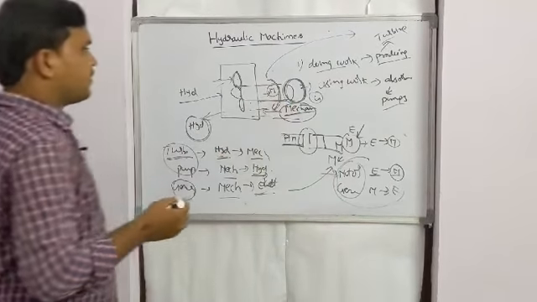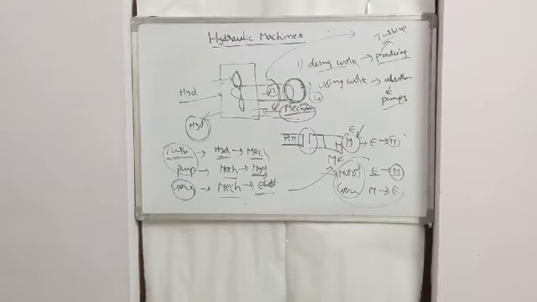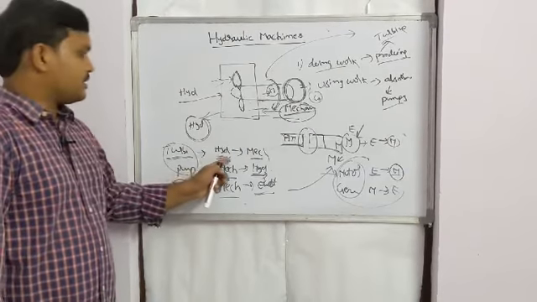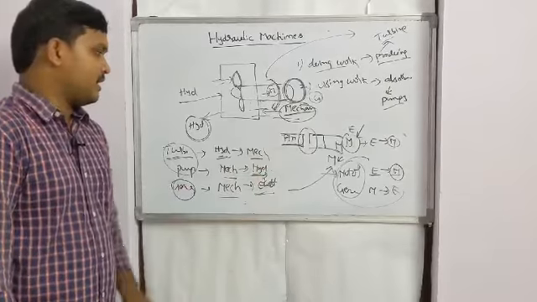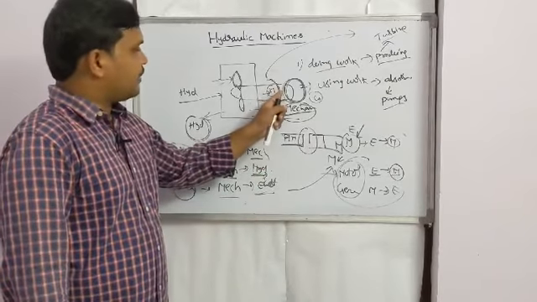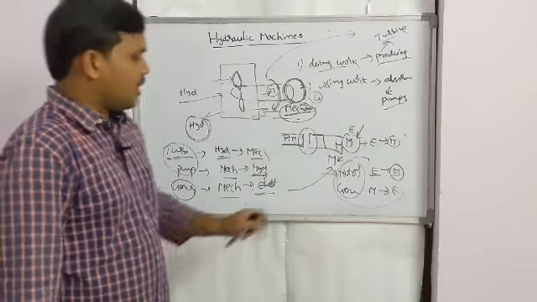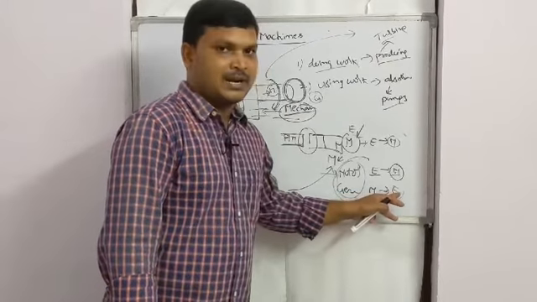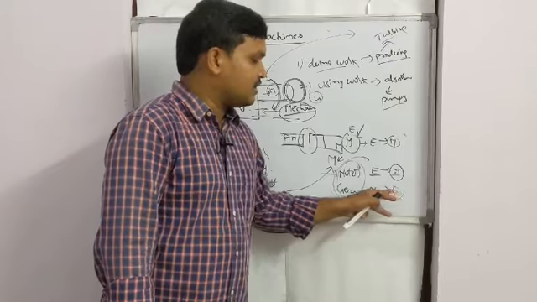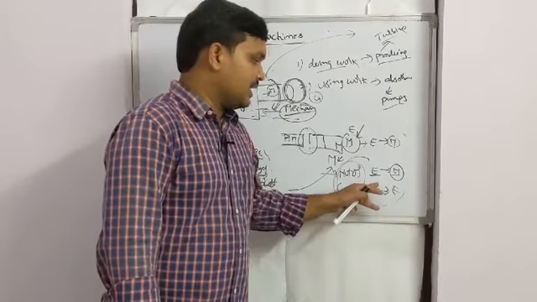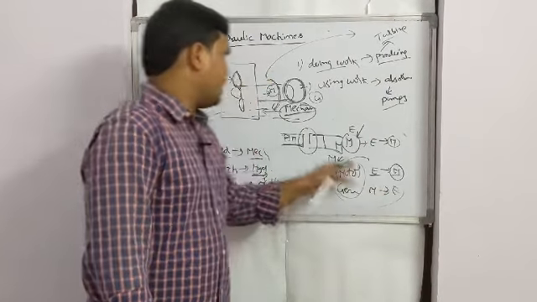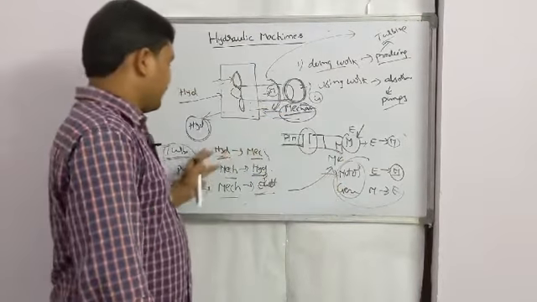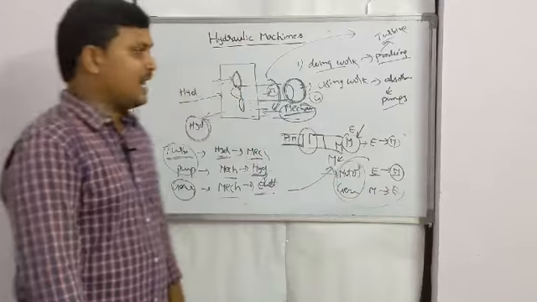The rotation energy we call mechanical energy. So the turbine converts hydraulic energy to mechanical energy. The mechanical energy of the shaft we couple to the generator shaft. The generator converts mechanical energy to electrical energy. So for producing electrical energy we need mechanical energy, which we extract from the turbine. So the turbine and the generator are coupled for producing electrical energy.